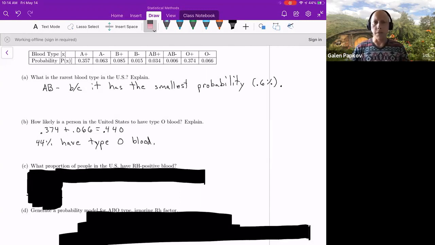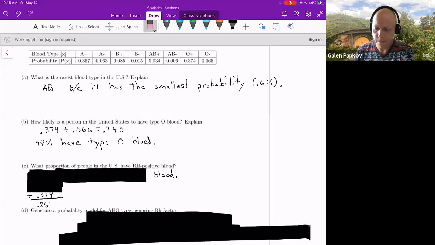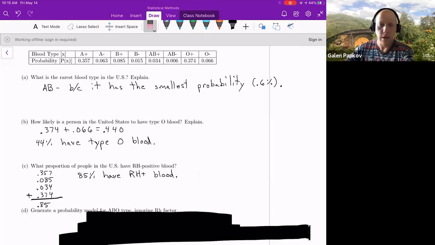When you add those up, you get what? Go ahead and calculate that. Let's see. You get about 85%. So most people have Rh positive type blood. It's good to be aware of.